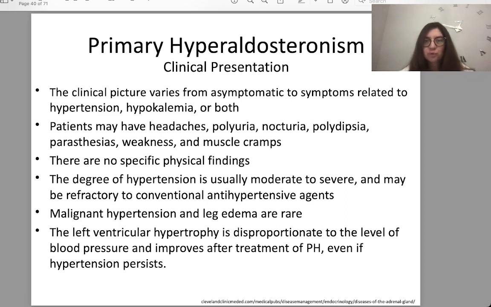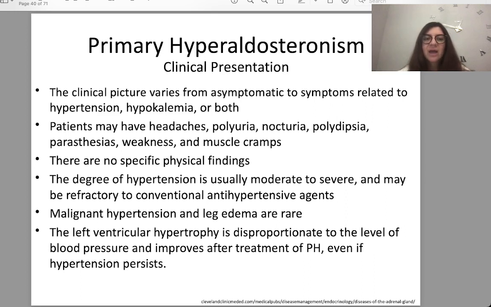Clinical presentation of hyperaldosteronism. The clinical picture varies from asymptomatic to symptoms related to hypertension, hypokalemia, or both. Patients may have headaches, polyuria, nocturia, polydipsia, paresthesias, weakness, and muscle cramps. There are no specific physical findings.